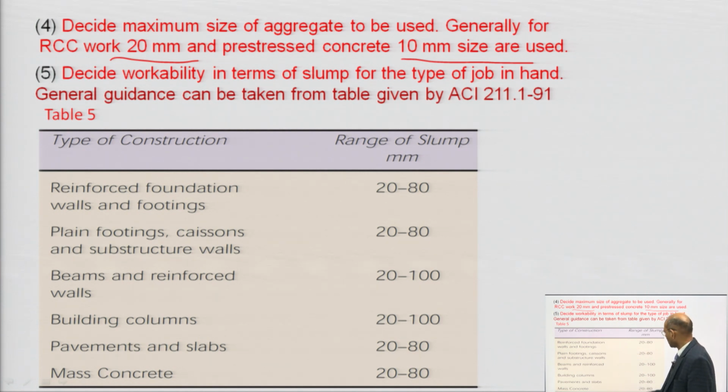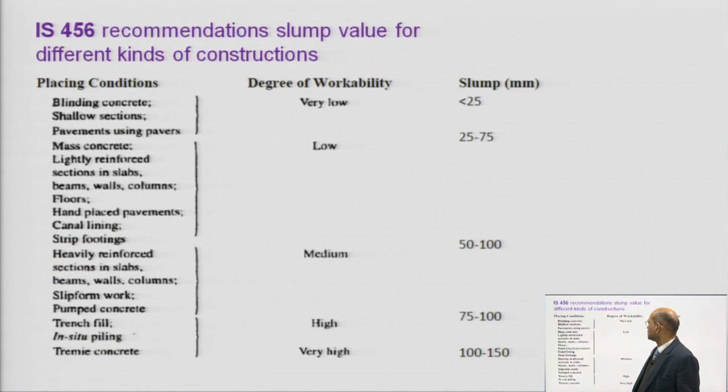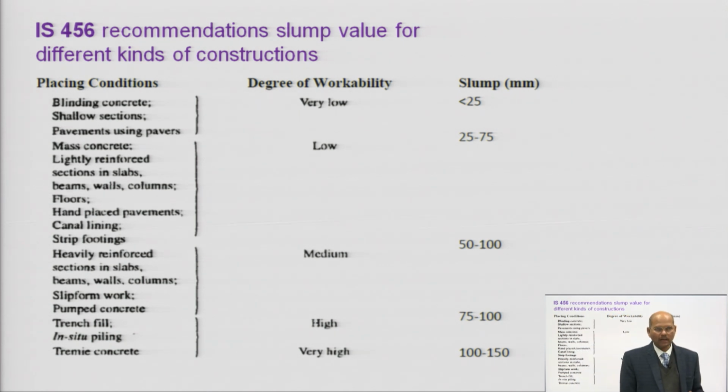Like this they have given certain slump values. For the Indian equivalent, if the table is not there, we can use this table, which is given in IS 456. This recommendation can also be used here. You have to refer to IS 456, and from there you can decide what should be our slump value.